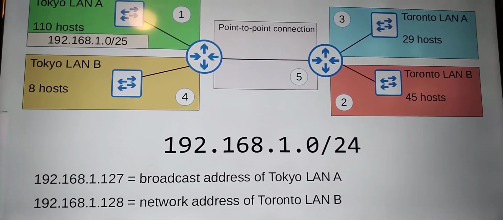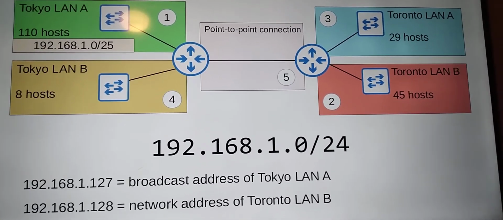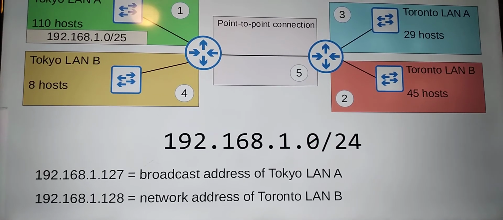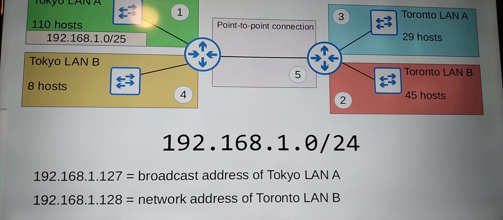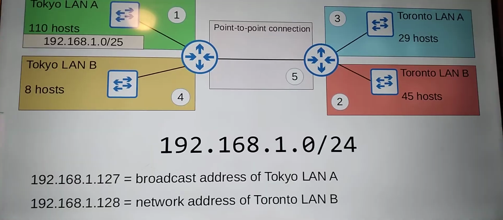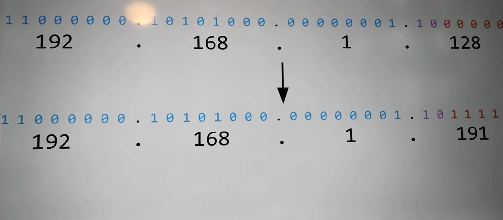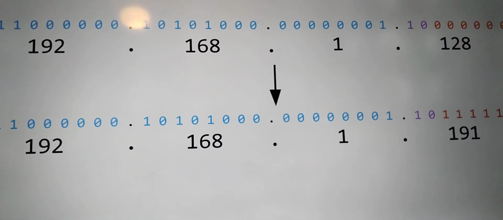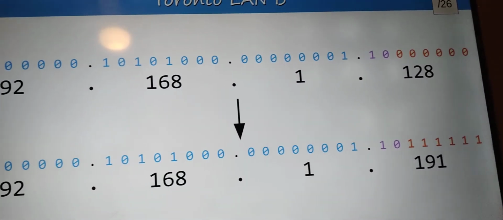The question now is, what prefix will we use for Toronto, Canada LAN B? So let's get that information. To fit the 45 hosts, we will use a /26 prefix, as you can see above.